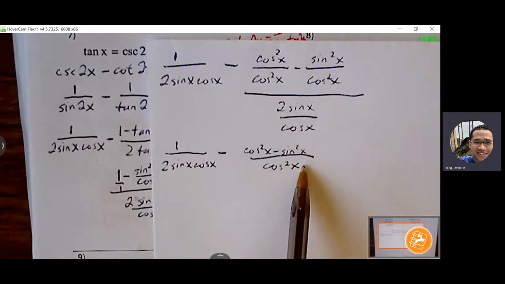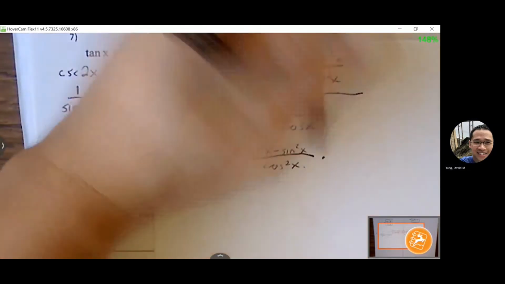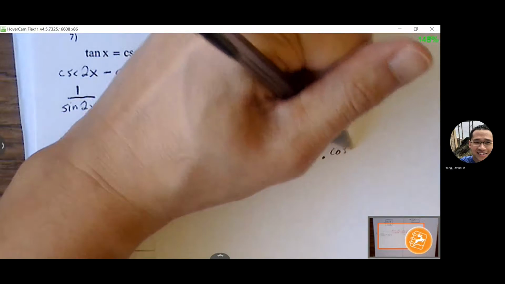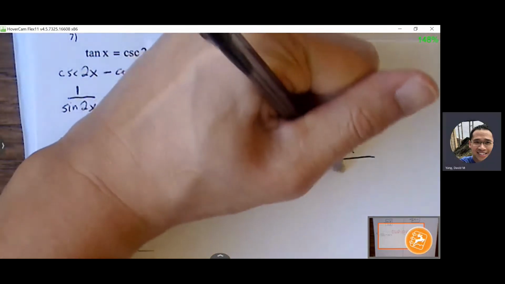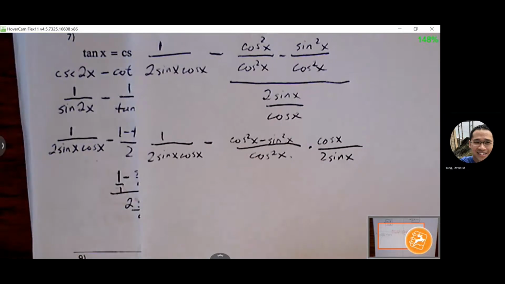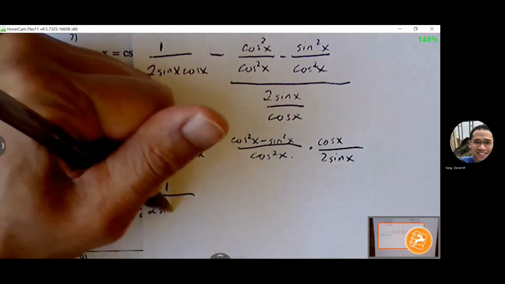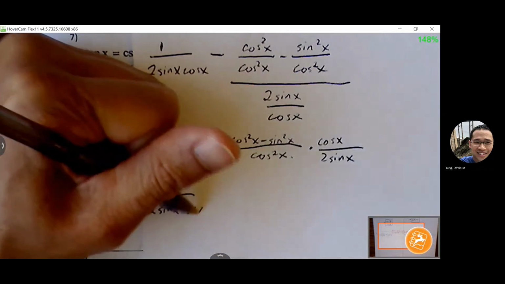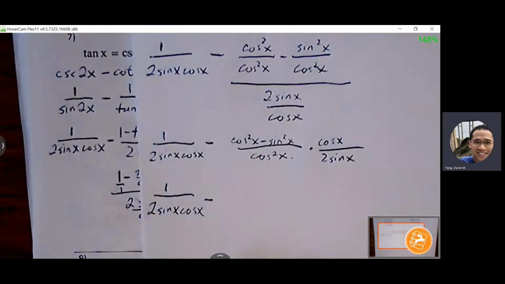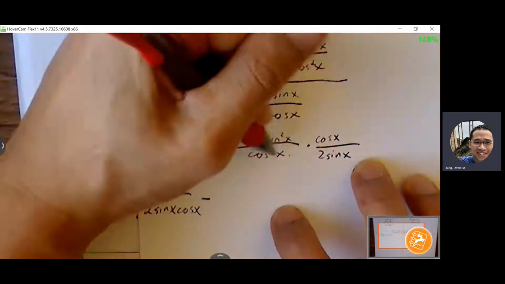Dividing by a fraction is the same thing as multiplying by the reciprocal, so I'll multiply by the reciprocal, so it's cosine over 2 sine x. One of the cosines can go away.